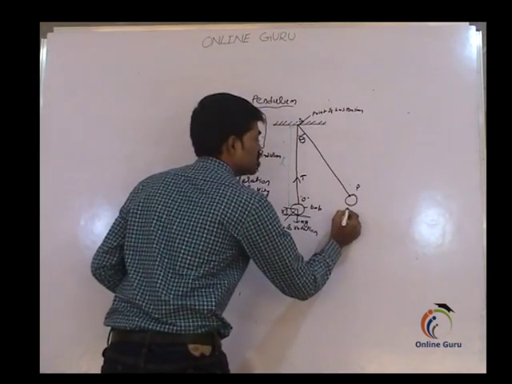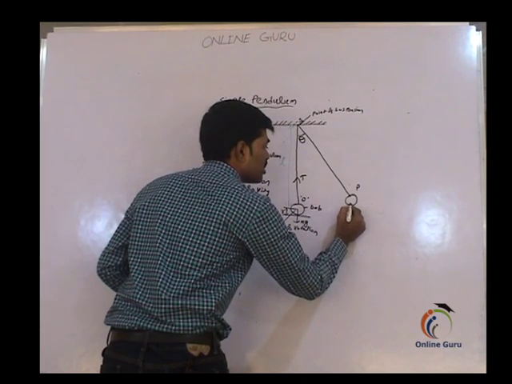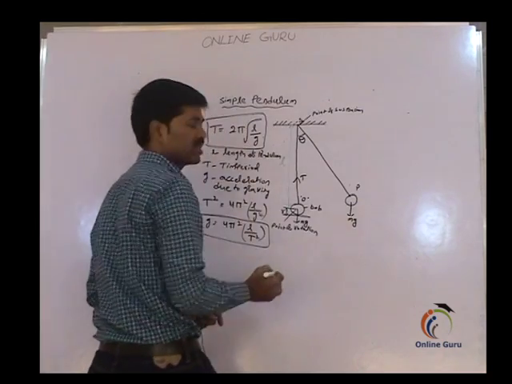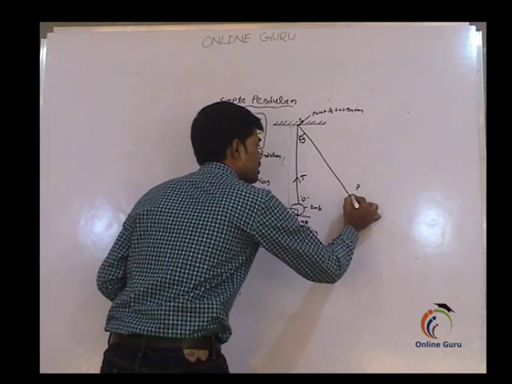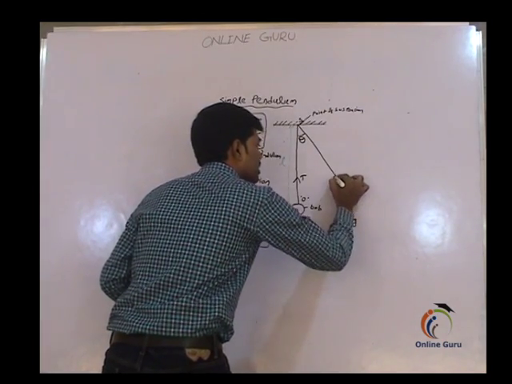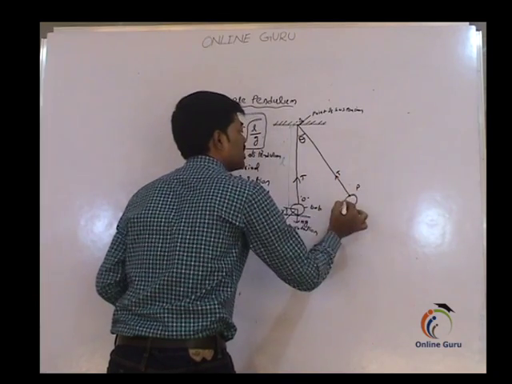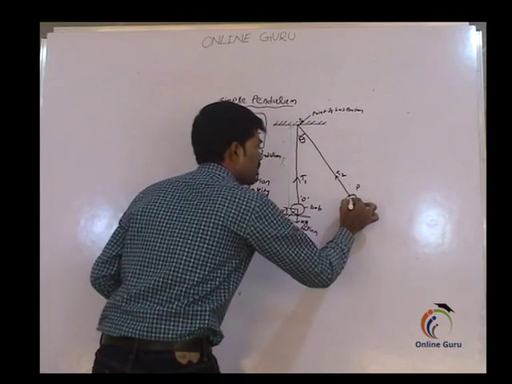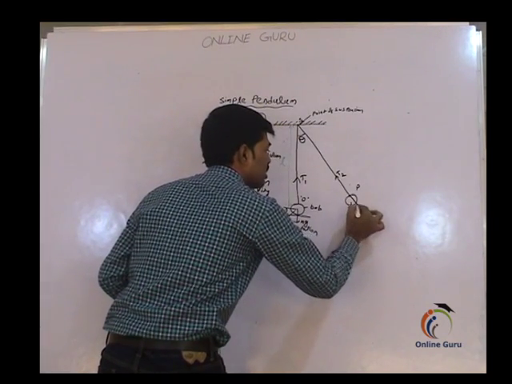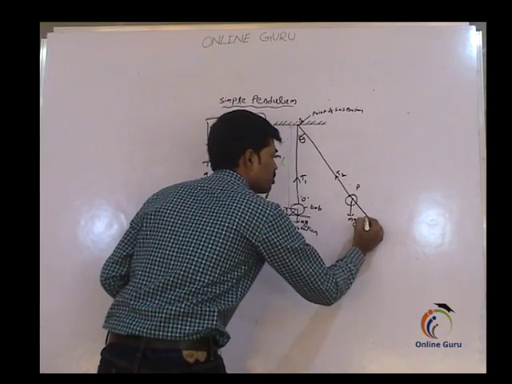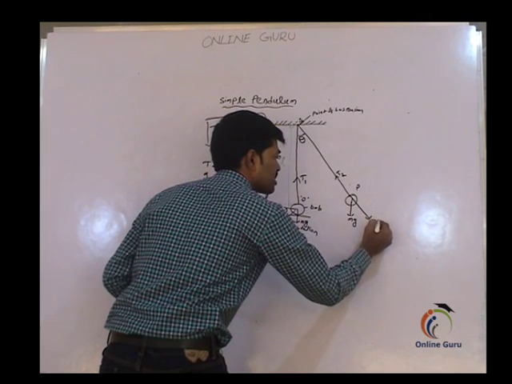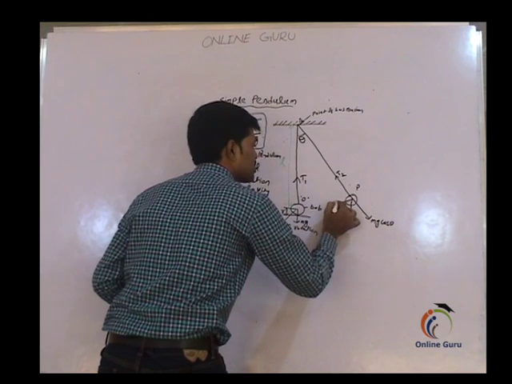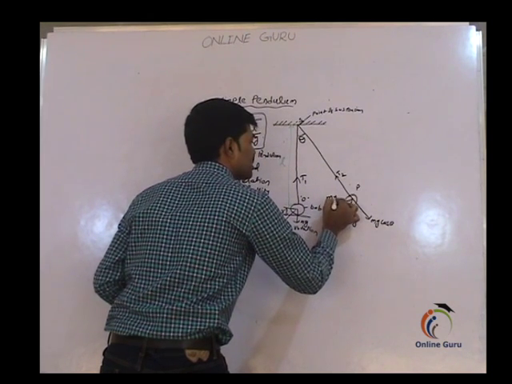At position P, the forces acting are the weight, which acts vertically downwards, and the tension in the string, vertically upwards. Let us consider this is T1 and this is T2, and mg is resolved into two components: one is mg cos theta and another one is mg sin theta.